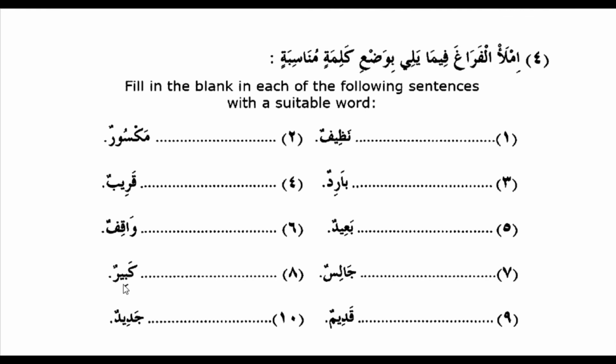The horse is big. تسعة، قديم، البيت قديم. The house is old. عشرة، جديد، الكتاب جديد. The book is new.